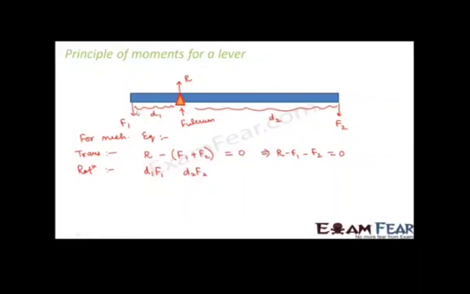Whereas for D2 cross F2, your thumb points downward, which is the opposite direction. So here we will have D1 F1 minus D2 F2, with the negative sign because the torque is in the opposite direction. This will be equal to 0.